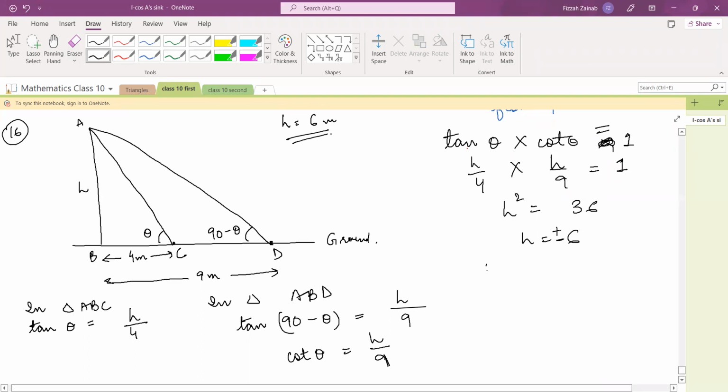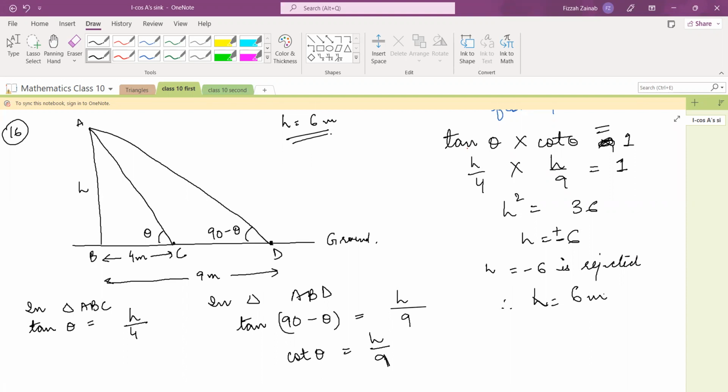So if you want to write, you can write that h is equal to minus 6 is rejected. Therefore h is equal to 6 meter. That is proved. Done, ma'am. Yes, this is much simpler.